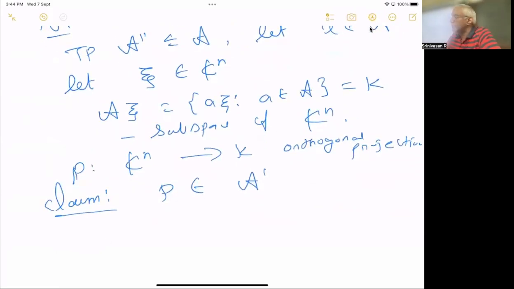For that, what do we have to do? Take something in K. Anything in K is of the form A xi.